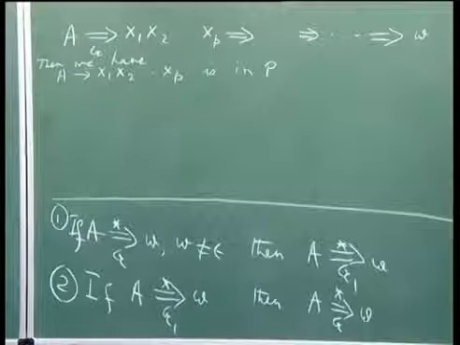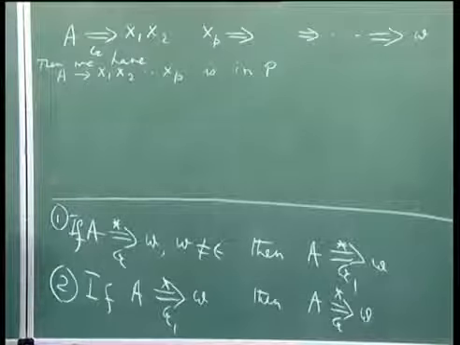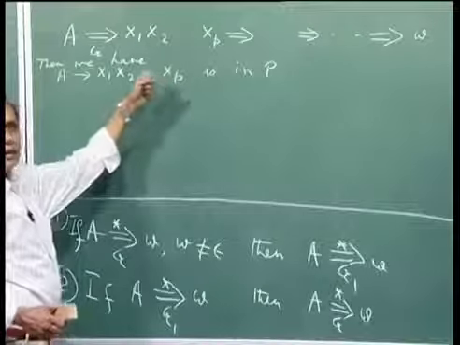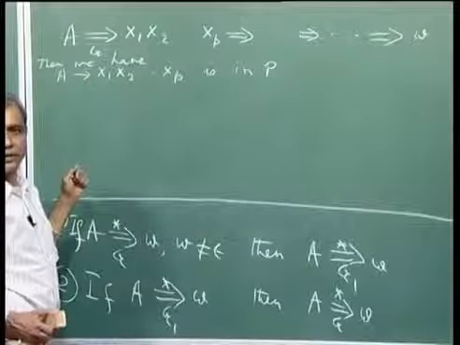Now, what can happen is that some of these xi's generate the null symbol. It is possible.